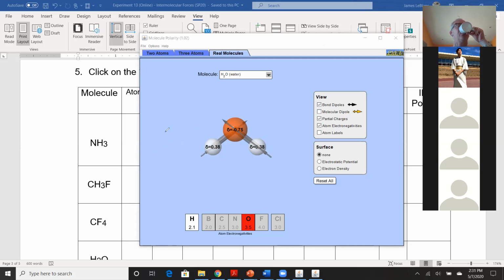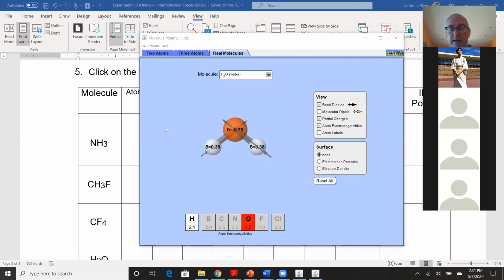Because they have an angle, so they can cancel out, right? Do you say they are or they aren't going to cancel out? They aren't, because it's water. The molecular dipole will point upward. So you're saying they are going to cancel or they are not going to cancel? They are not.